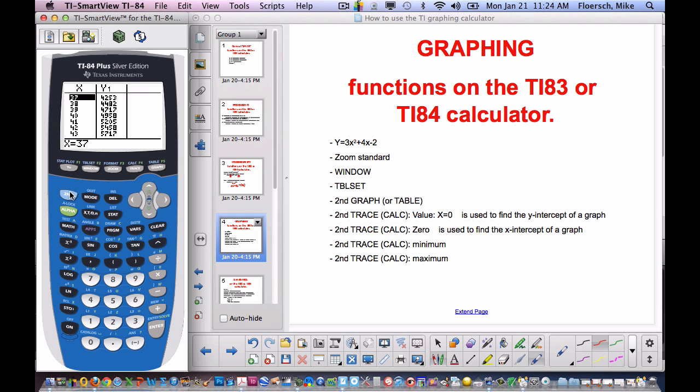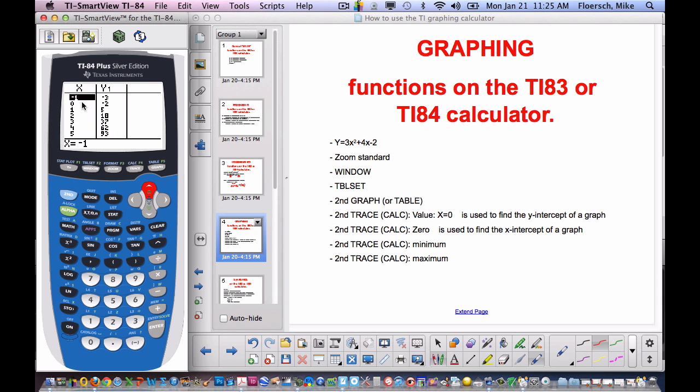So this time I'm going to go to second window, table set, which gives me that blue one right there. I want to start at 0, and the increment, or delta, or the change in the table, is equal to 1. I'm going to leave it as 1. Now go back to second table. It will not change your graph, but now you can see it starts at 0, and I can scroll up or down if I want.